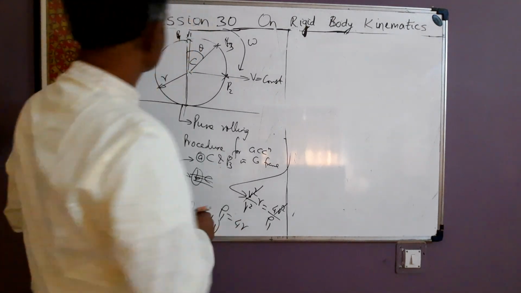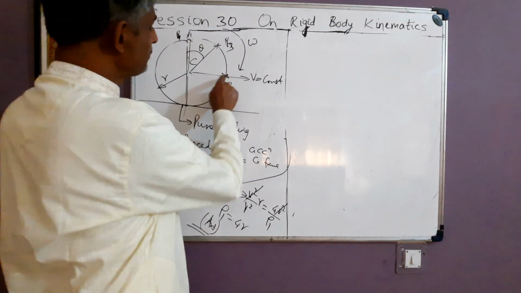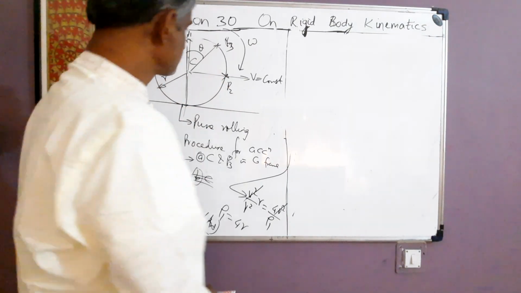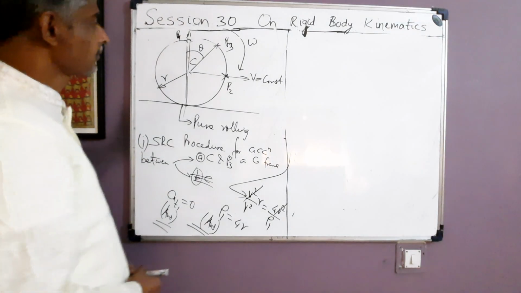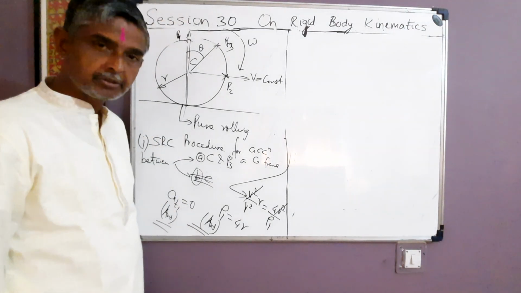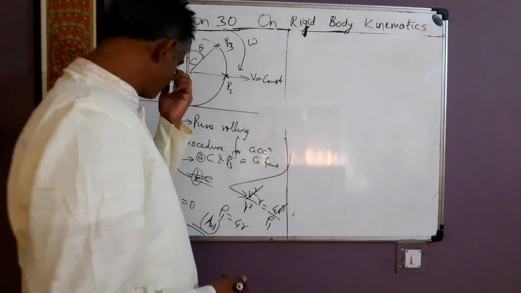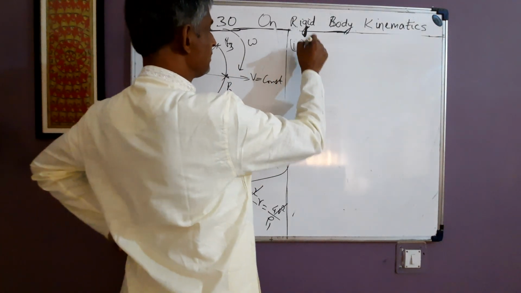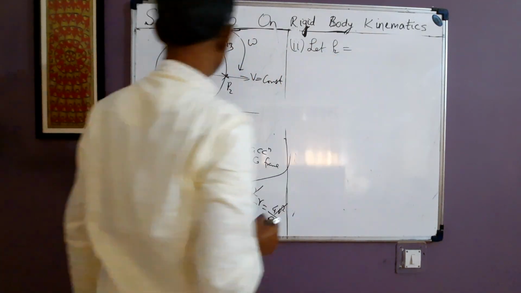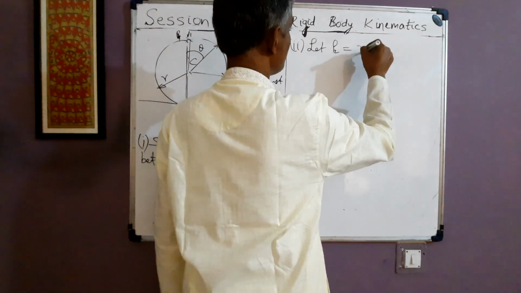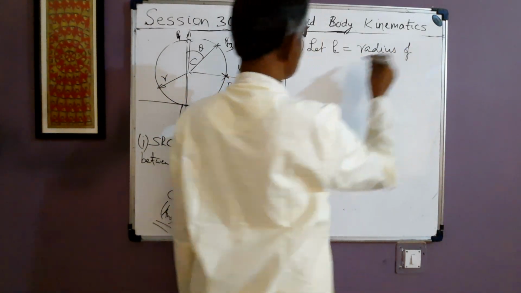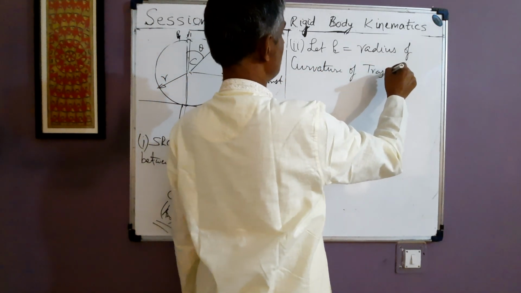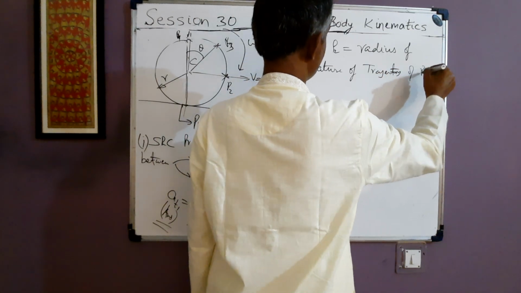So now we have to determine the radius of curvature of the path at point P2 and also the tangential acceleration of P2. Okay, fine. So in the second part of the question, let rho 2 be the radius of curvature of the trajectory of P2.